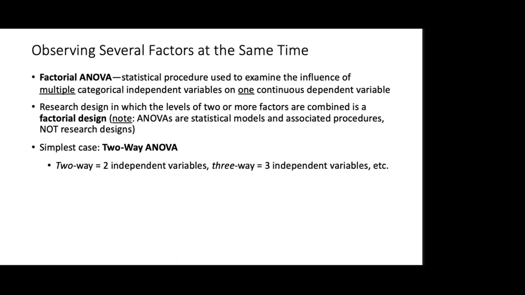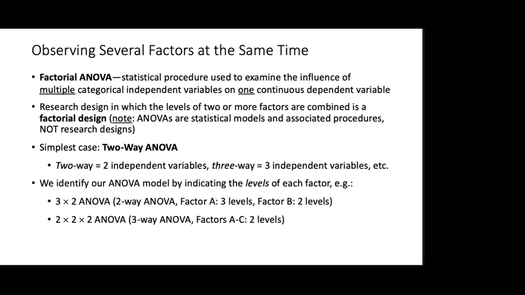Okay, so as I said, the simplest case is a two-way ANOVA, where we have two independent variables, right? It's called two-way. That means if we had three independent variables, we would call it a three-way ANOVA. If we had four, a four-way ANOVA, etc. And we also identify our ANOVA model by the levels of each factor.